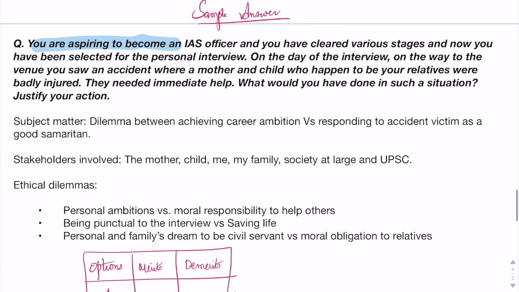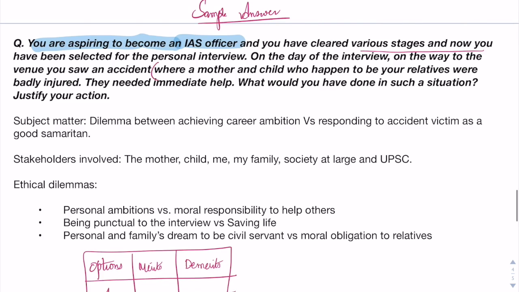There was a question that was asked in recent years where you are someone who is aspiring to become an IAS officer, and you have cleared various stages of the examination and you have been selected for the interview. While on your way, you met with your relatives who are bleeding on the road as they met with an accident.